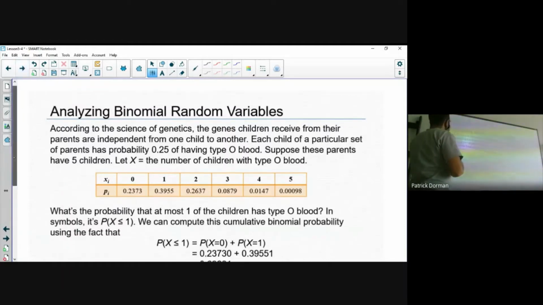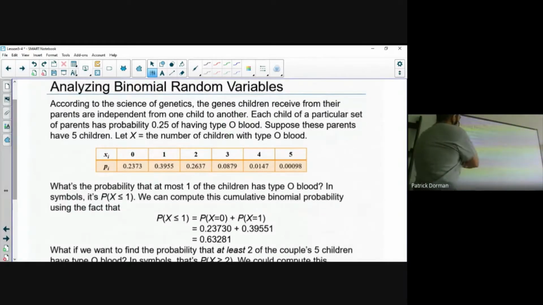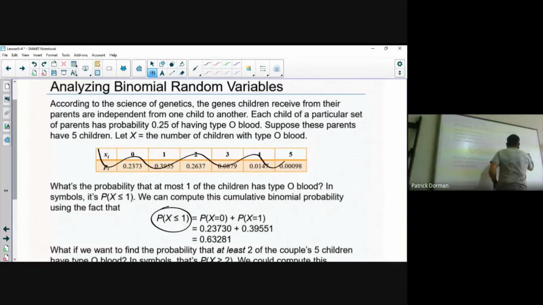So we can also calculate some probabilities with this. Before, we would calculate the probability of exactly one value occurring, but we can change it up and do the probability that x is less than or equal to 1. Because we have these all worked out for us, it's easy just to add them. But what if we didn't have any of this?